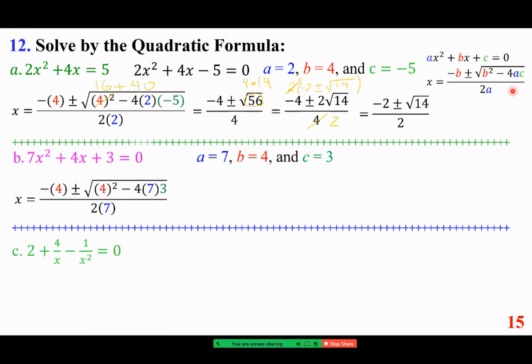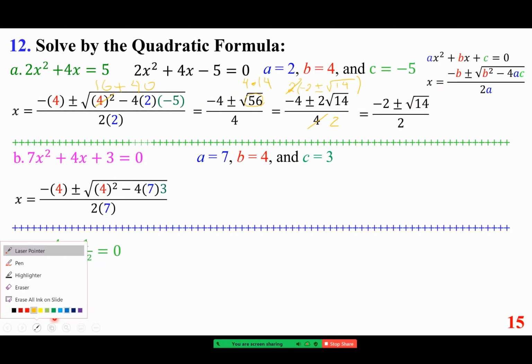So we are going to do that. And we need to simplify. Four squared is 16. Minus 4 times 7 times 3.